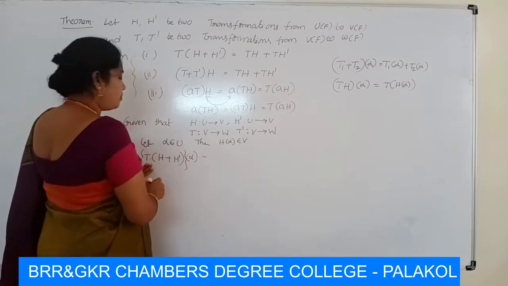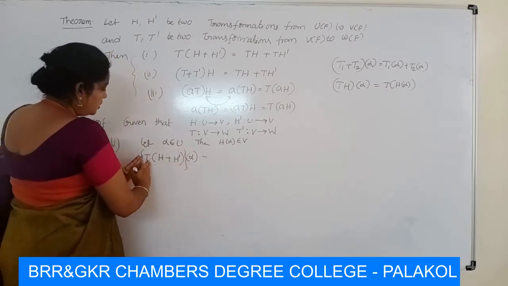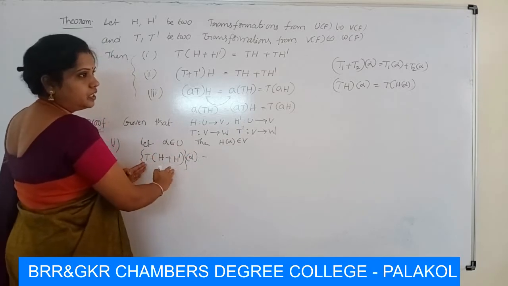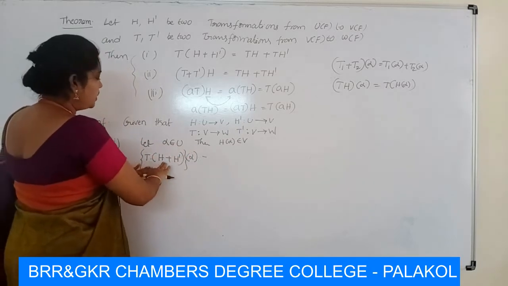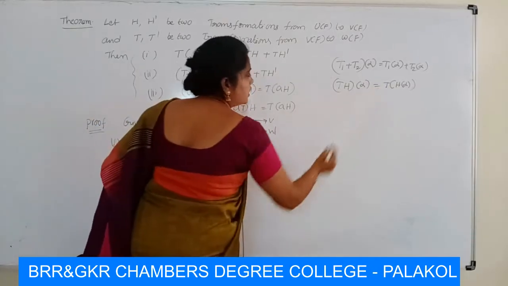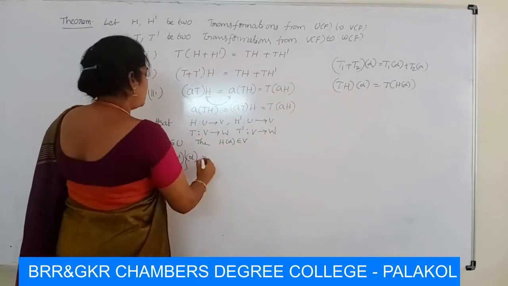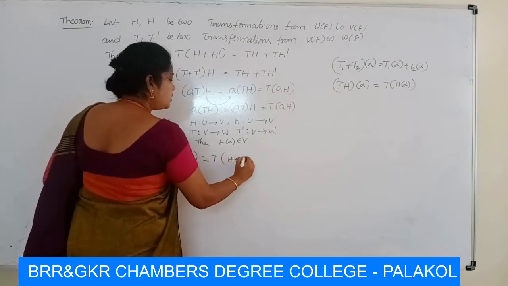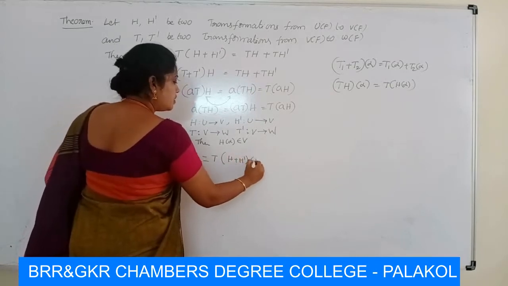So first we apply T into some transformation. By the product of the transformations, T into H of alpha is written as T of H of alpha. Therefore T of H plus H dash of alpha.